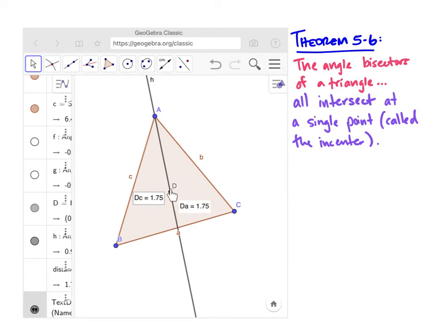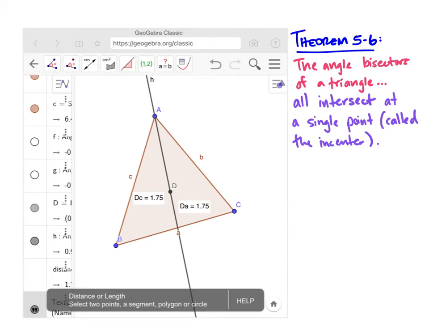But now D is also on the angle bisector for angle A here. So we would expect that it's the same distance away from segment AC as it is from segment AB. So this distance from D to segment C should be the same as the distance from D over here to segment B. Let's just verify real quick that it is. Let me grab my measuring tool.